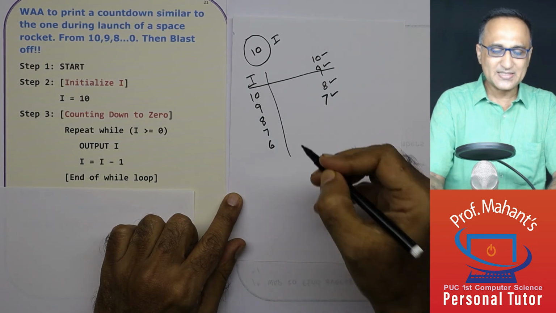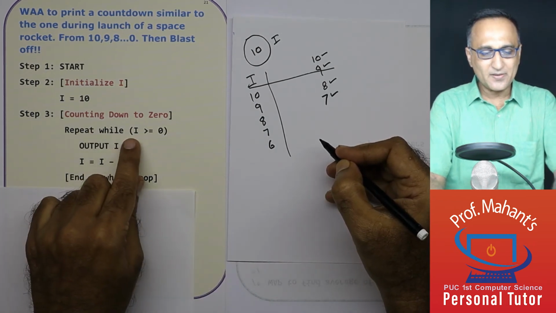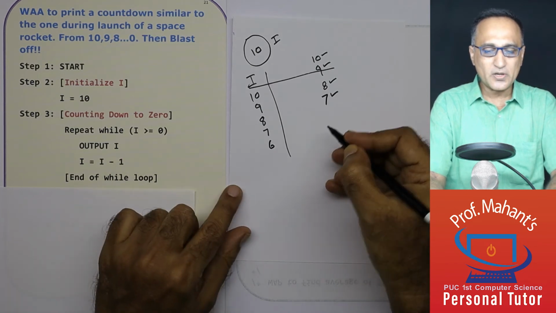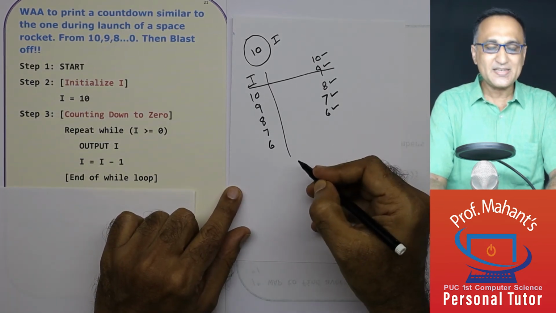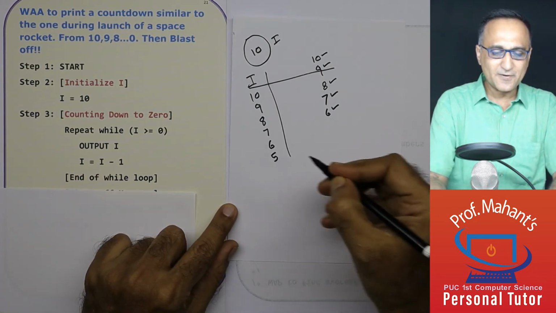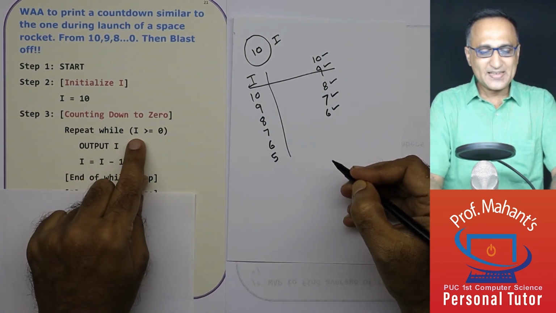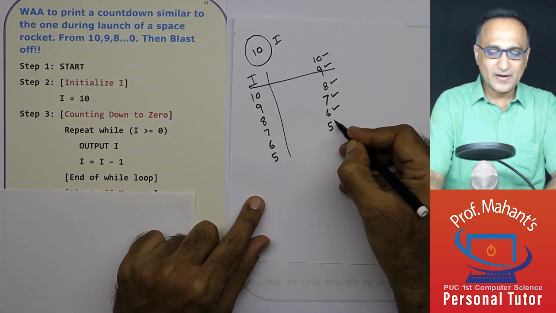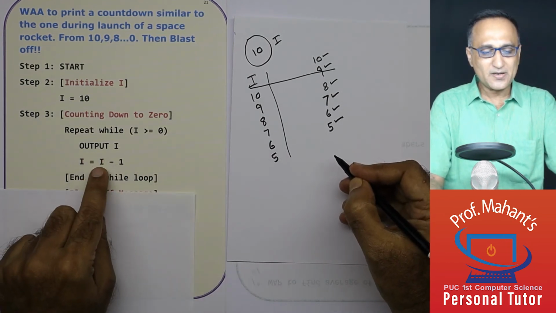I is reduced by 1 again. It becomes 6. I go back here. 6 is still greater than or equal to 0. So I'm outputting the value of I, which happens to be 6. I is reduced by 1 again. It becomes 5. 5 is still greater than or equal to 0. So I'm going to print 5. I come down here.